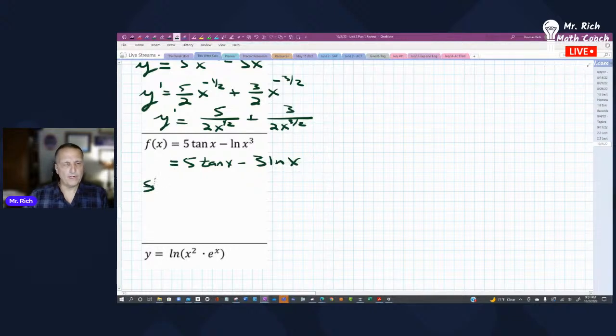Now I'm ready to take the derivative. So f prime of x is going to be 5 secant squared x, because the derivative of tangent is secant squared. And the derivative of natural log of x is 1 over x. So this would be minus 3 times 1 over x, or 3 over x. That is the derivative.